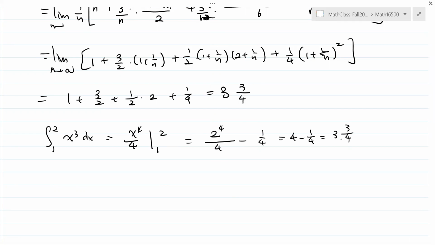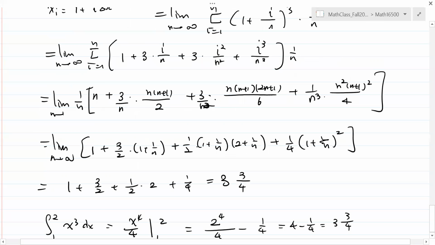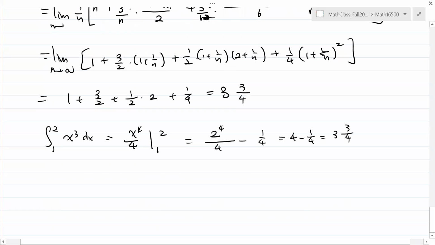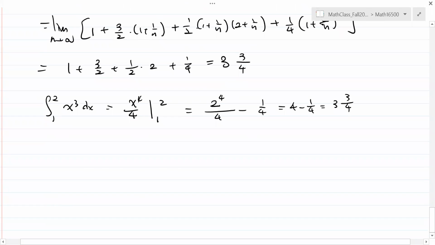After this class, we'll use formulas to evaluate integrals, not limits. But still, you will be asked to use the definition of the integral to evaluate the integral. All you have to do is find a special partition and get special Riemann sums, and then take the limit.